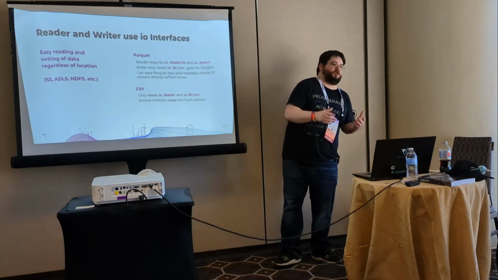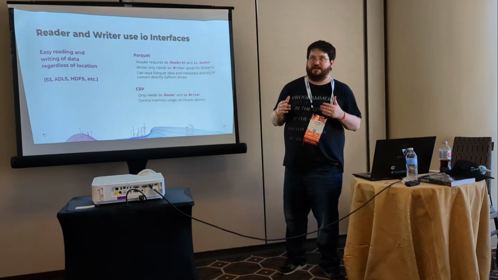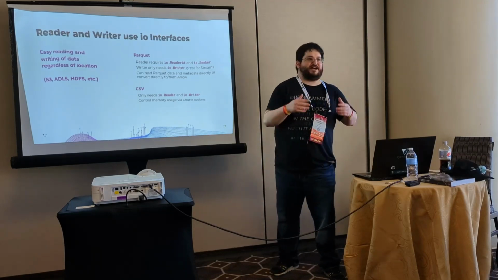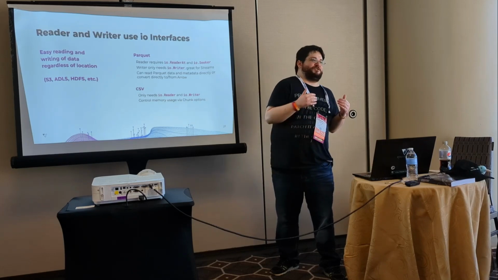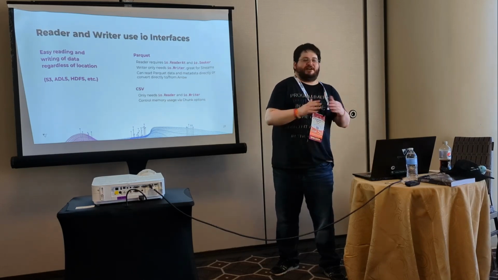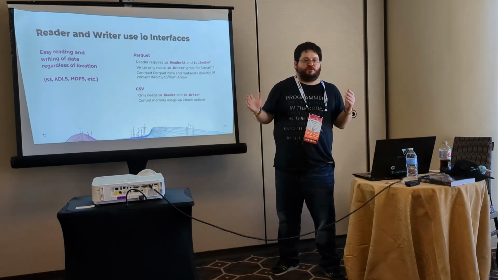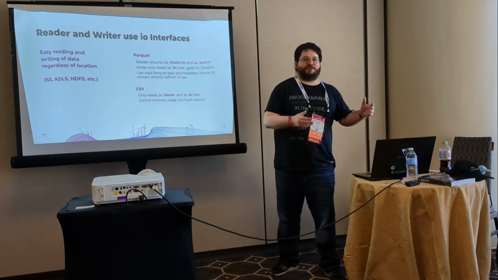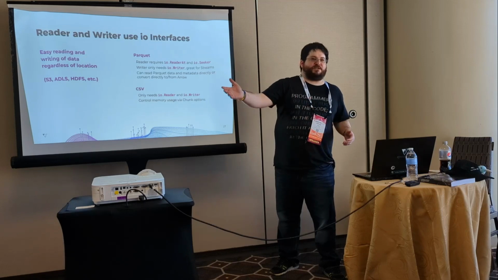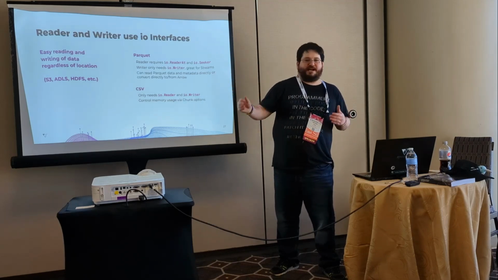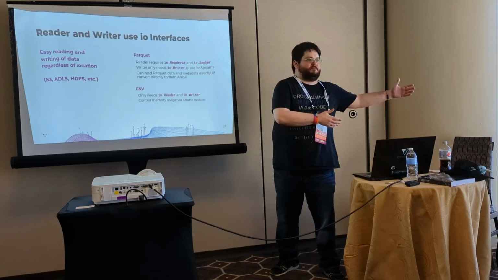The CSV and the Parquet file follow the interfaces: readers and writers use the io.Reader and io.Writer interfaces, which means your files could be wherever you want them to be, and it will work as long as you can get an io.Reader to work with it. So you can use the S3 library, which exists in AWS's SDK, pass it in as an io.Reader, and read a Parquet file from S3, or HDFS, or ADLS.